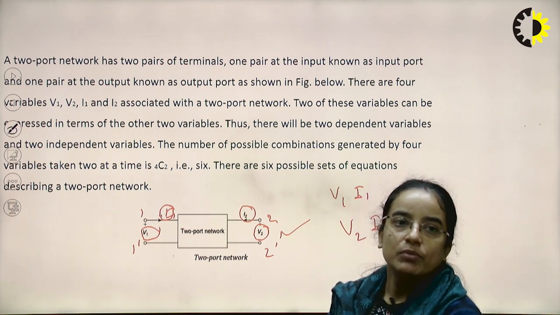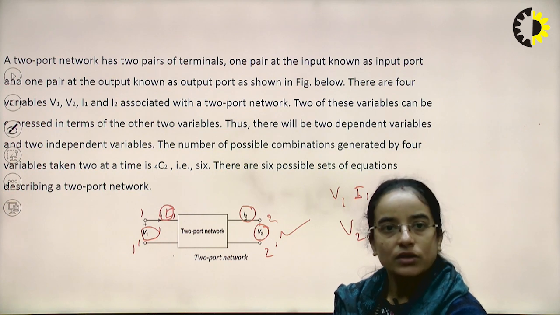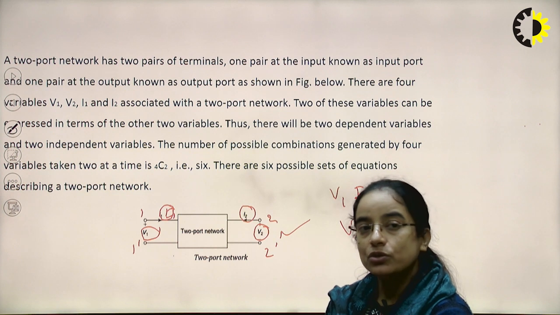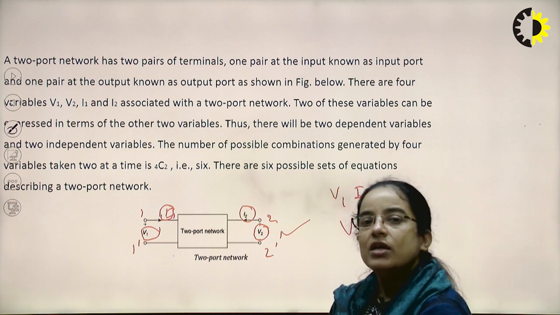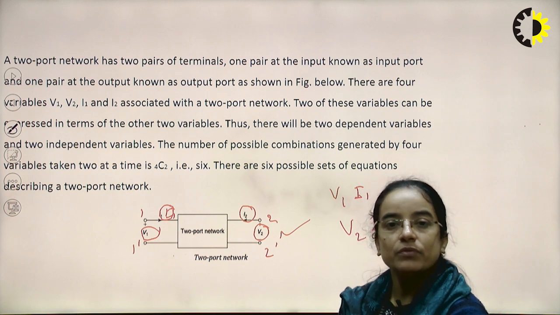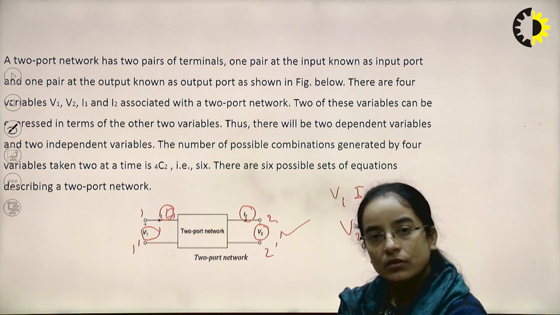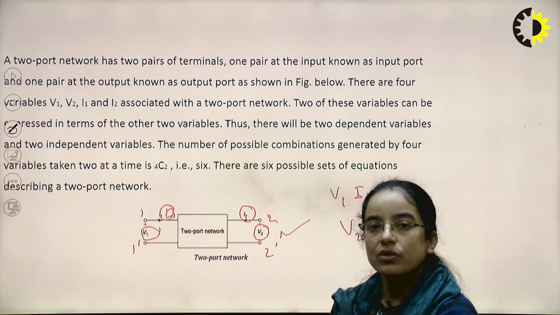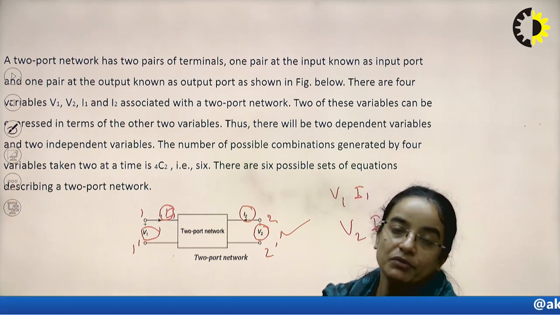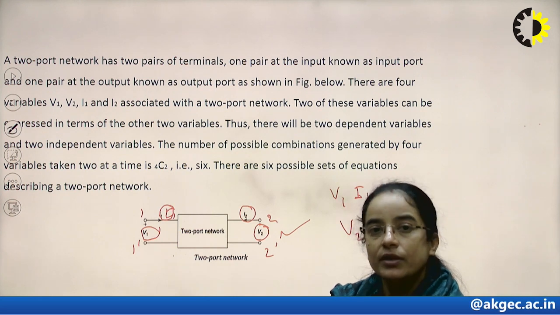Thus, there will be two dependent variables and two independent variables. Suppose we are writing the equation of V1, V2 in terms of I1, I2, or V1, I1 in terms of V2, I2. Then V1, I1 will be independent and V2, I2 will be dependent.